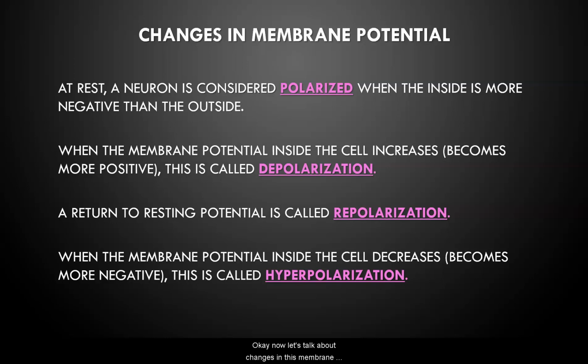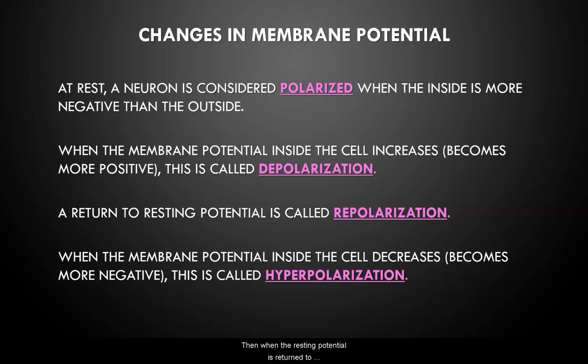Okay, now let's talk about changes in this membrane potential, and I want to give you some definitions. At rest, a neuron is considered polarized, and that is, of course, when the inside is more negative than the outside. When that membrane potential inside the cell increases or becomes more positive, this is called depolarization.